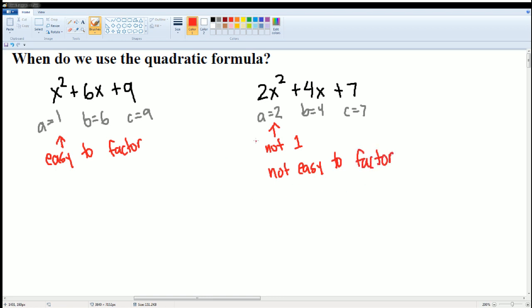Therefore, for this case, when it's not 1 and not easy to factor, you should use the quadratic equation. There you go. Or the quadratic formula; I call it the equation. The answer, when should you use the quadratic equation? When a is not 1. That's it.